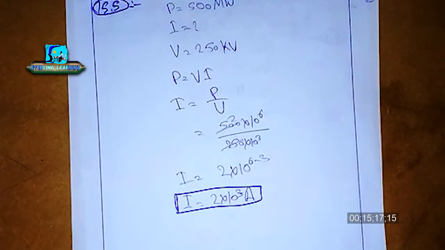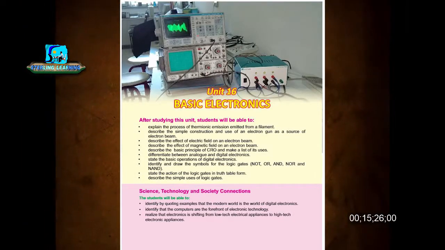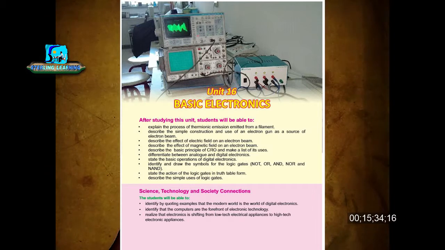So now we are done with our chapter 15. I'm going to write a little bit of details of our chapter number 16. The name of chapter number 16 is Basic Electronics.